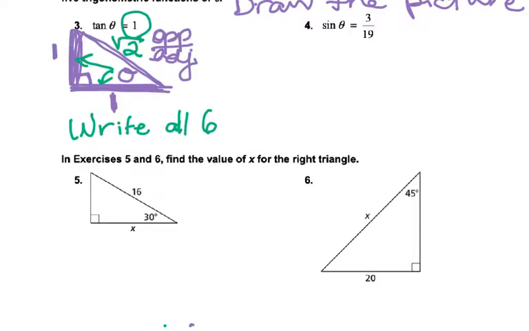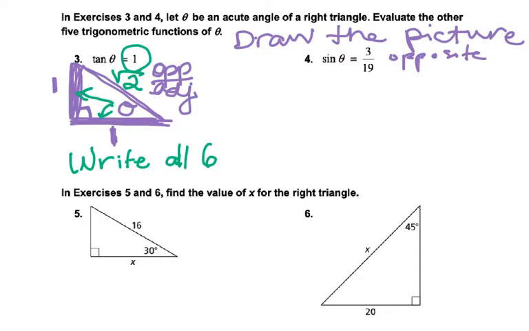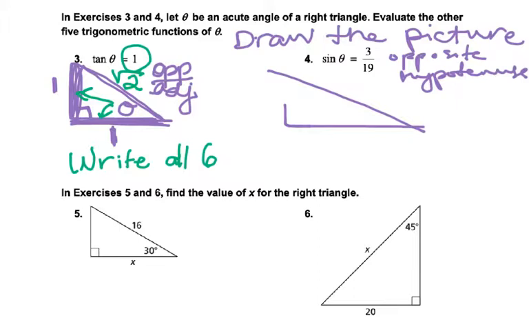Number 4 says sine of some angle is equal to 3 over 19. So the top number is the opposite of where theta is, and the bottom is the hypotenuse. So you're going to draw a triangle that looks like that, where I've got an opposite side, so I've got a right angle, and then this is going to be really long.